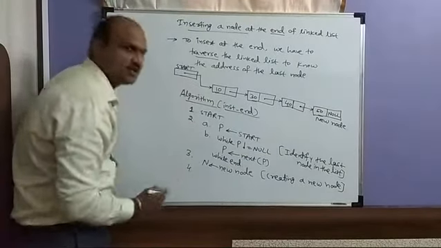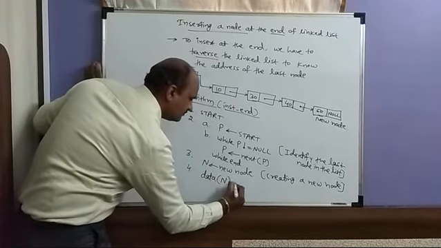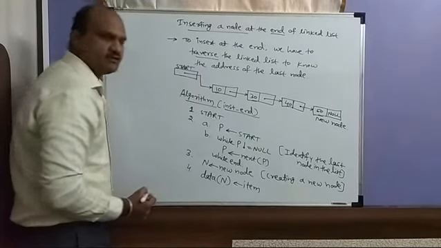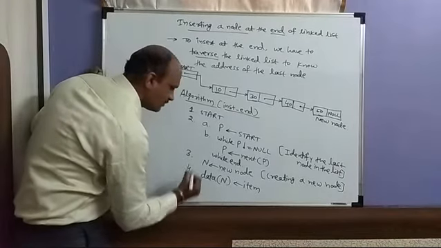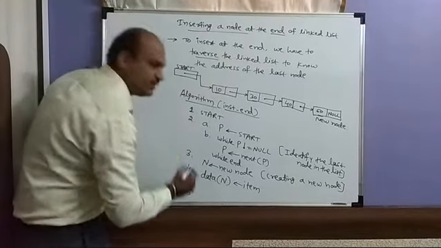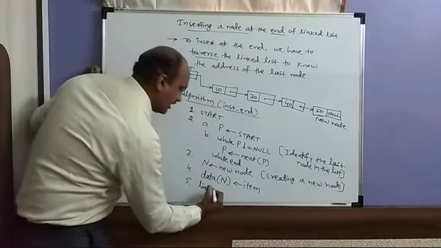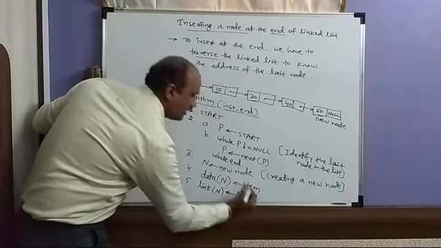You insert the data, the item. Then the link becomes null, because it is the end of the list. That's why the last node's link will be null.